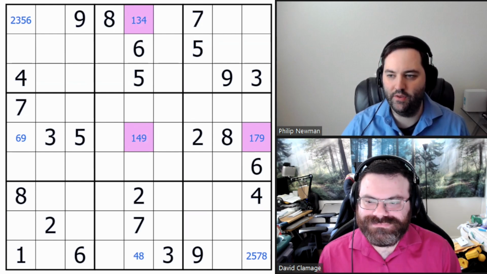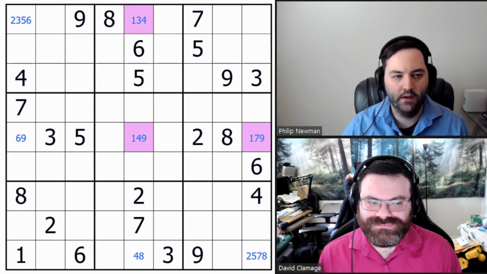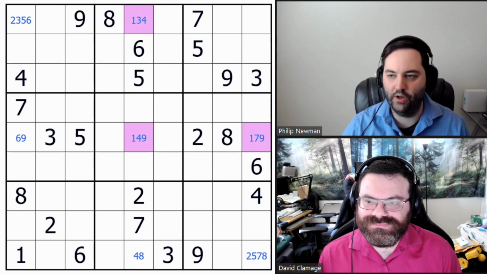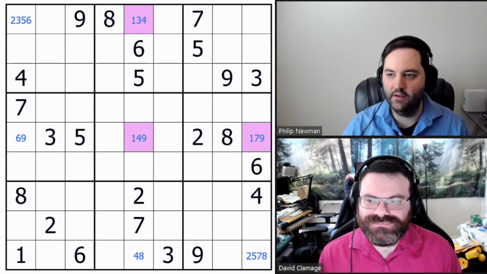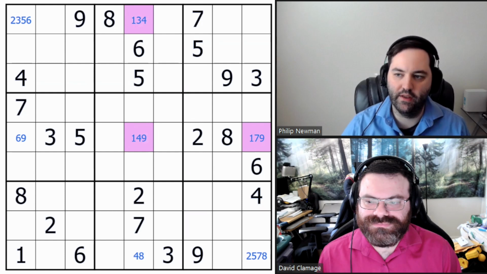It's kind of the inverse of the multi-sector locked set that we talked about. And basically the way this works is, rather than looking at cells and figuring out what digits can go in those cells, we're looking at digits and figuring out which cells they have to go in.